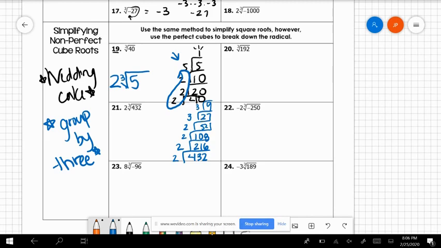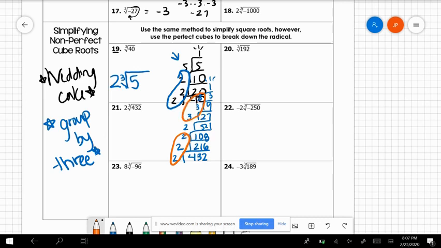Sorry, I'm starting to go into the problem above it. Until I'm left with 1. So now again, I'm doing cube roots, so I'm going to try and group by 3s. One group of 3s there. That 2 can't be grouped in with any other 2s. All these 3s can be grouped together though.